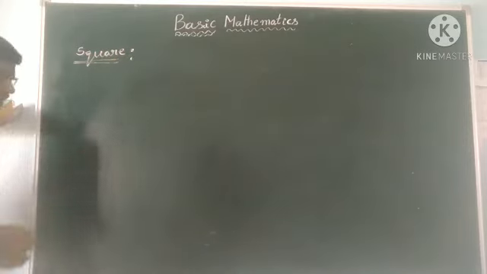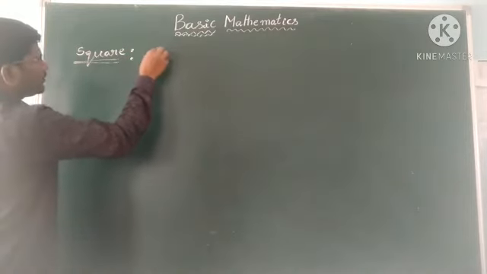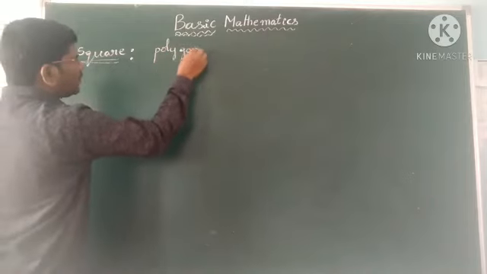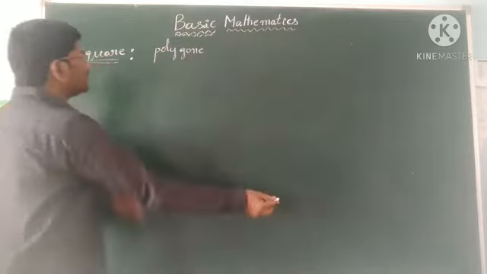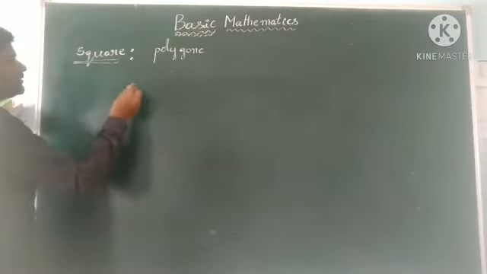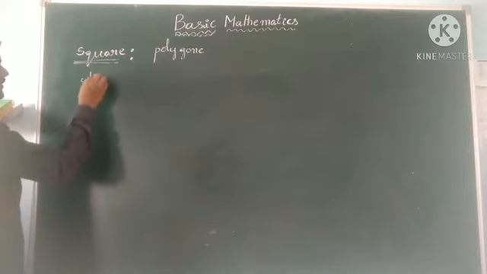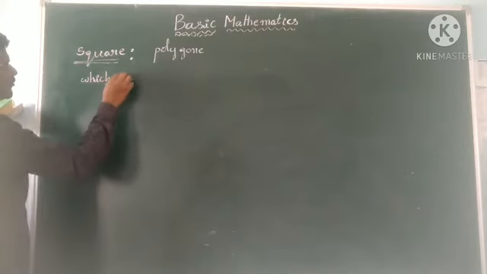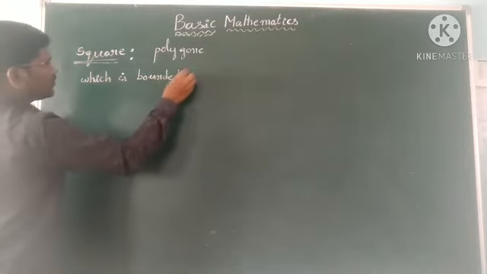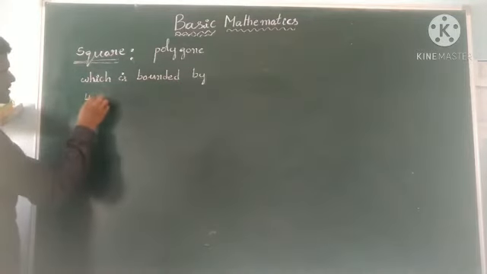A square is a polygon which is bounded by four sides.